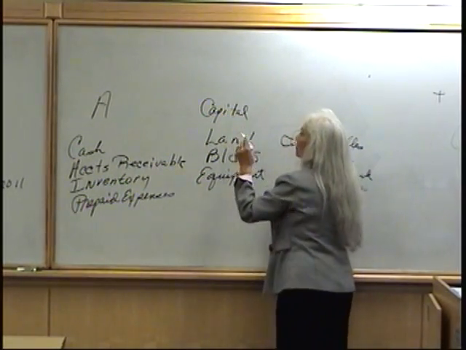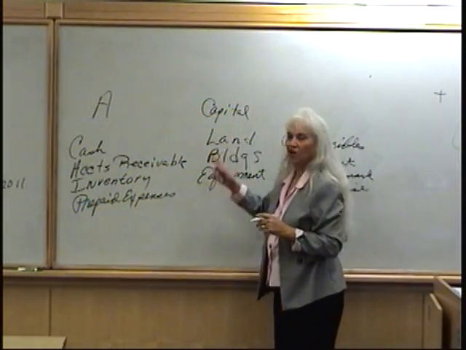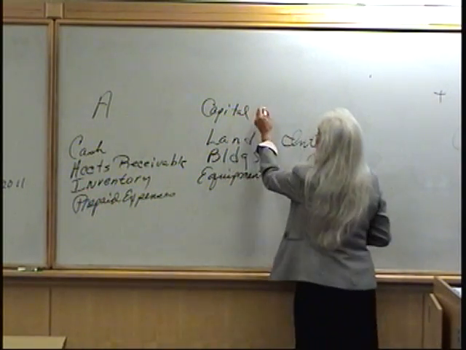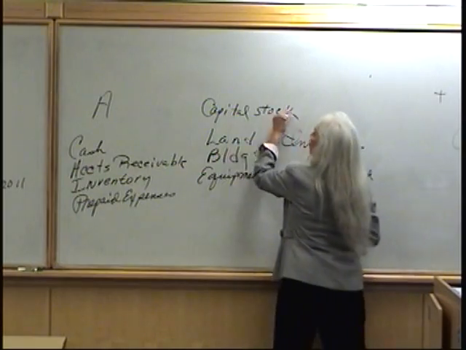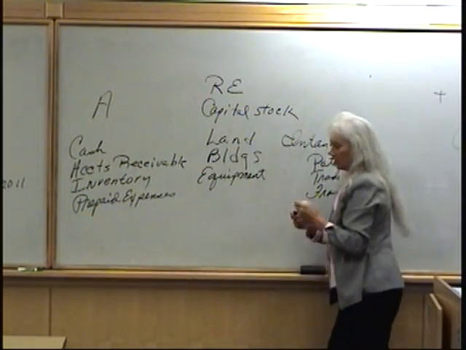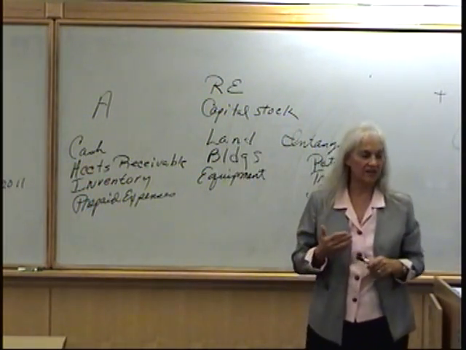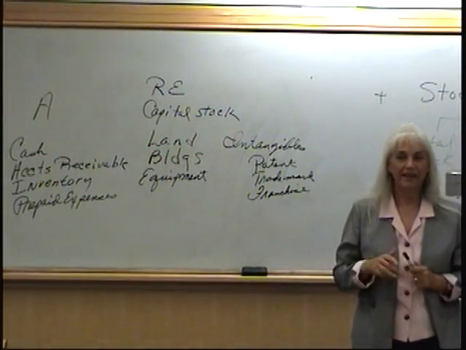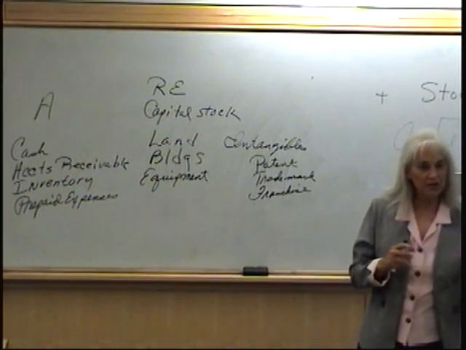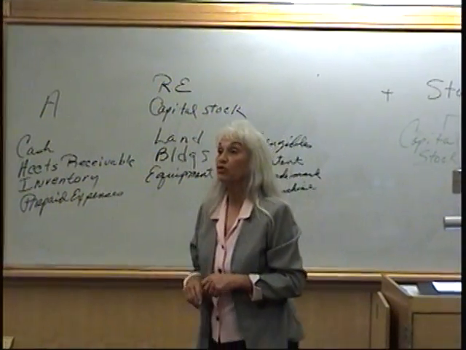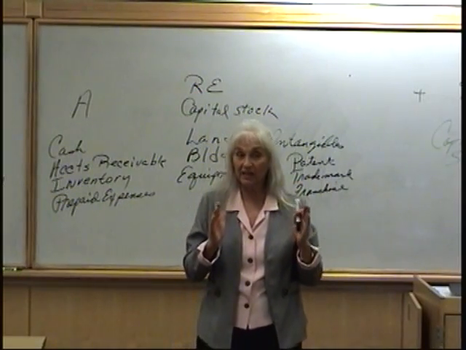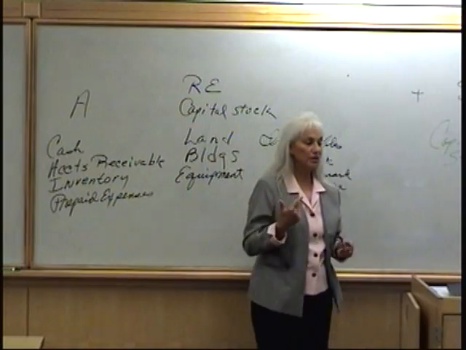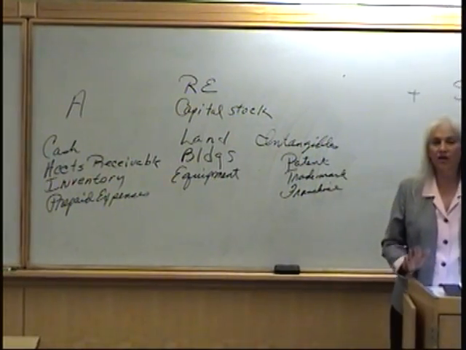You'll have to watch me, because my textbook, instead of calling it capital stock, calls it common stock. Means the same thing. Might throw in retained earnings. So if the question is calculate total assets, what are you supposed to do with the retained earnings and the common stock? Ignore it. So the questions sometimes will give you information that you're supposed to ignore. Just because it's in the list doesn't mean that you have to use it. You can use it, but you know, if you want to get it wrong.